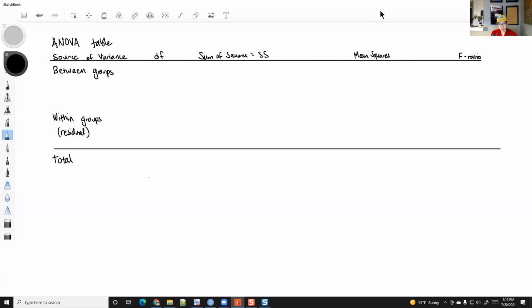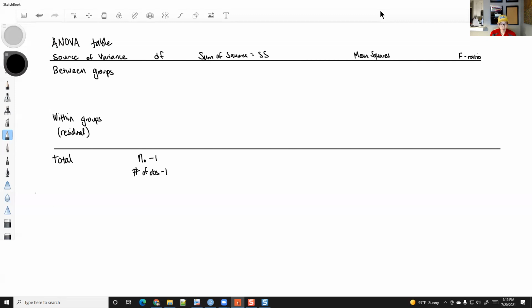All right. So the total degrees of freedom is n dot minus 1. This is the notation our book uses. N dot is basically the total number of observations, minus 1.